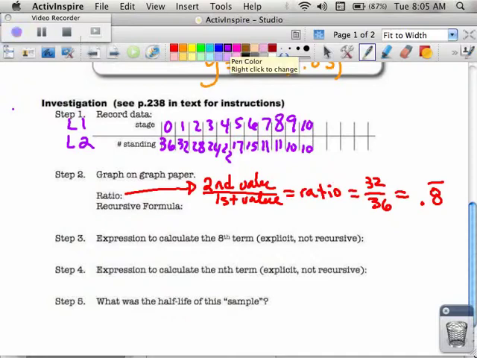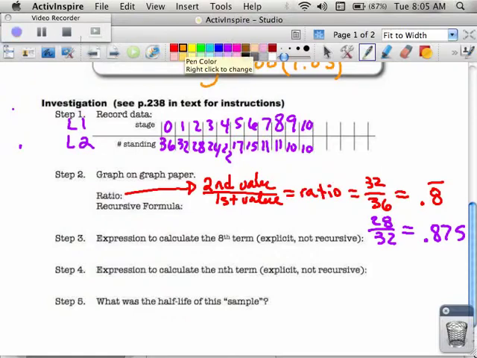So I could also do 28 divided by 32 and see what that is. I'm guessing it's 0.8 something. 0.875. So it looks like here I'm somewhere around what we found in our calculator.